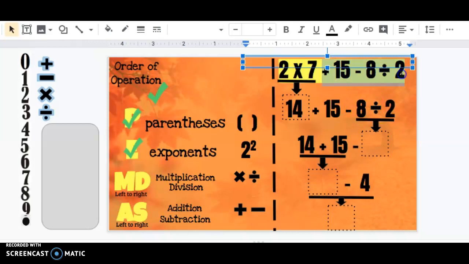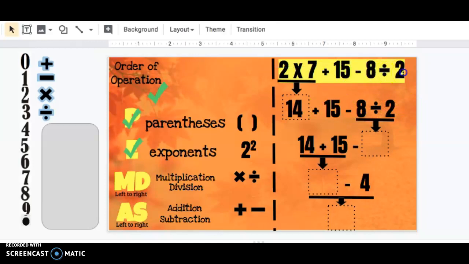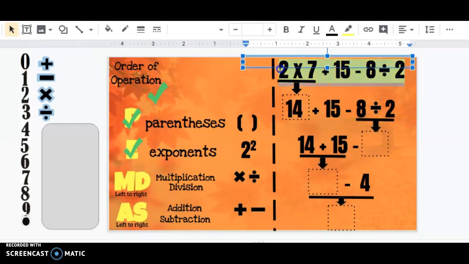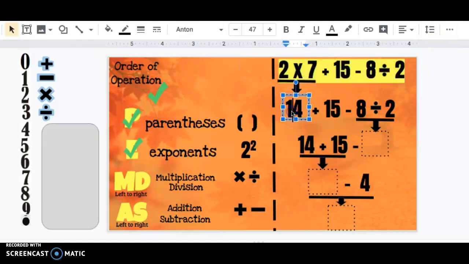I didn't touch it, so I bring it down and write it as it is. So the problem that's highlighted in yellow, I am now done with. I don't need to look at that anymore. My new problem is now 14 plus 15 minus 8 divided by 2.